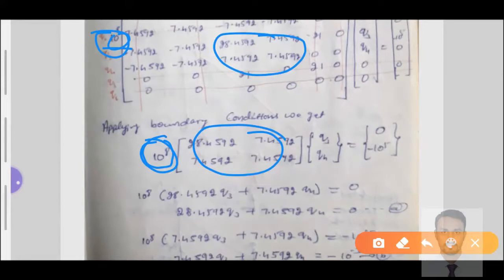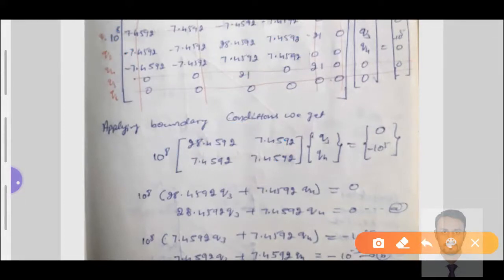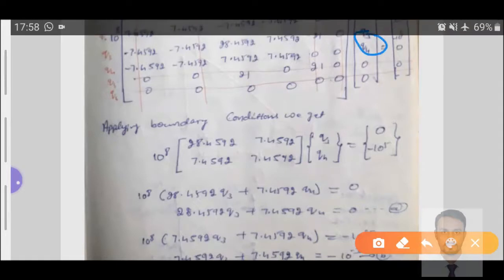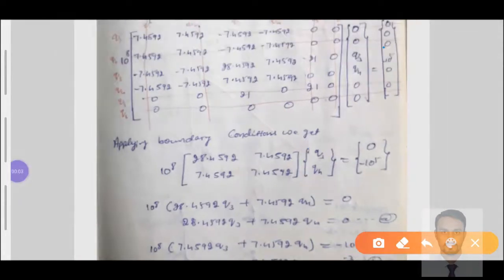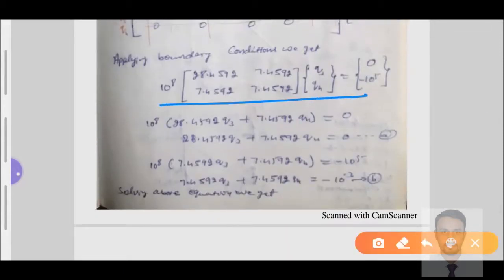10 to the power of 8, take it down carefully as the common value, and then here we have Q3 and Q4, 0 and minus 10 to the power of 5. Then convert this matrix into algebraic equations and find the values of Q3 and Q4, or else directly use the calculator.